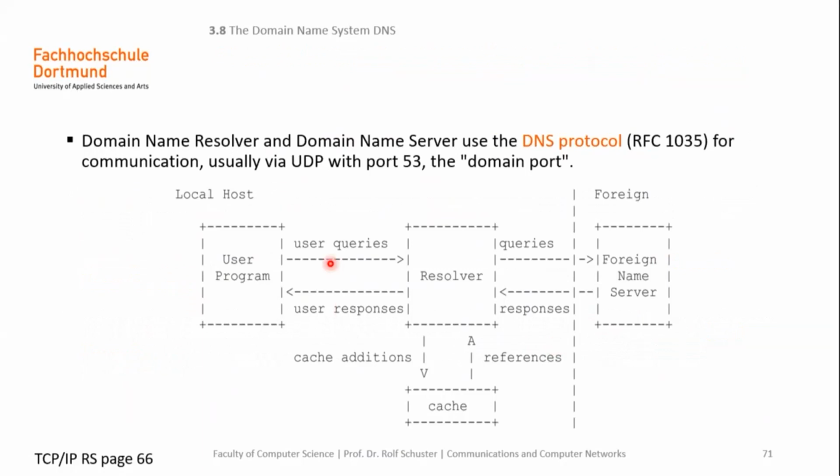This is a typical illustration where we see that in a host, this line separates the host from the network. Within the host, a user program asks for information, for instance, in order to associate an IP address to a name. And that's why the user program needs to call the resolver, typically, for instance, using gethostbyname.